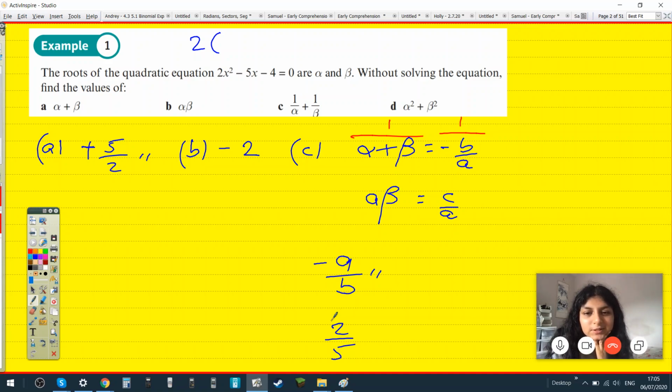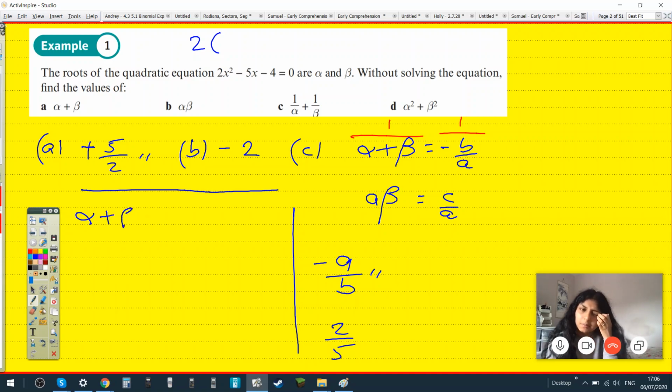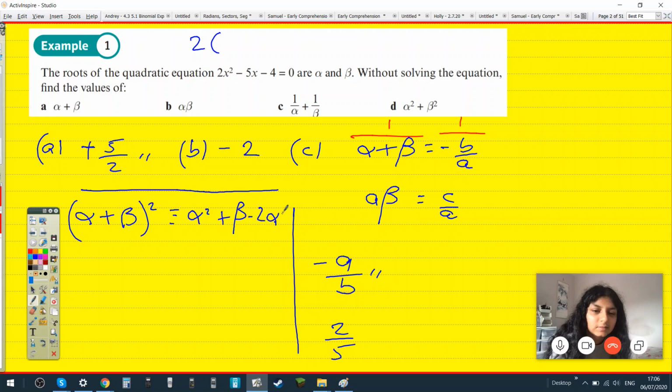Alpha squared plus beta squared. My guess is we square this one. But that wouldn't give you alpha squared plus beta squared. So if you square that, you have alpha squared minus 2 alpha beta. And so bring it to the other side.